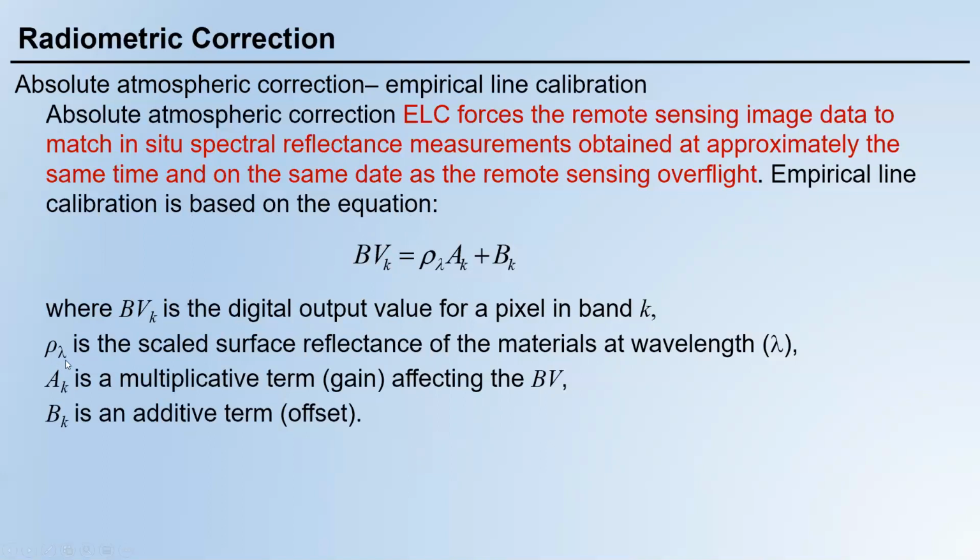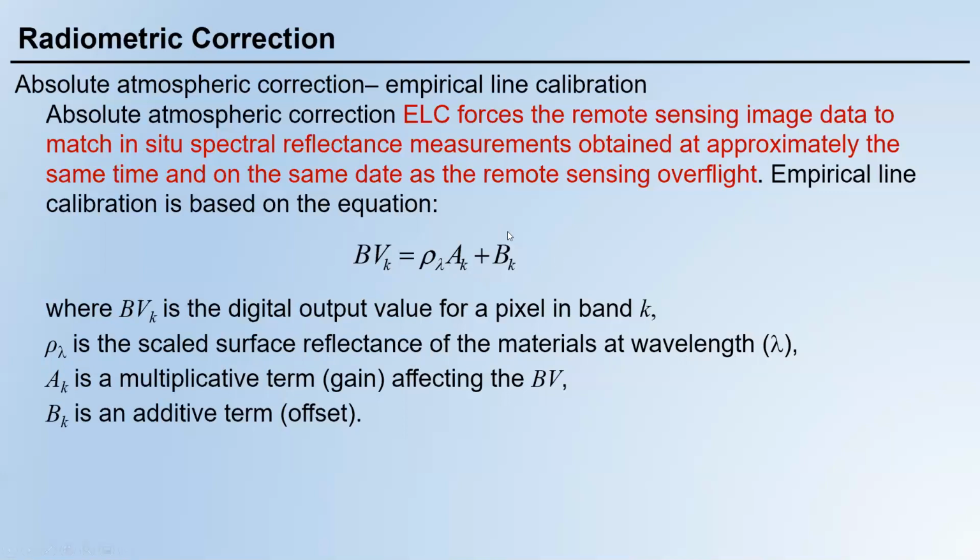Rho lambda is the scaled surface reflectance of the materials at wavelength lambda. So here is rho lambda. It is the original value of a pixel in an image, which means it is the value before calibration, before correction.